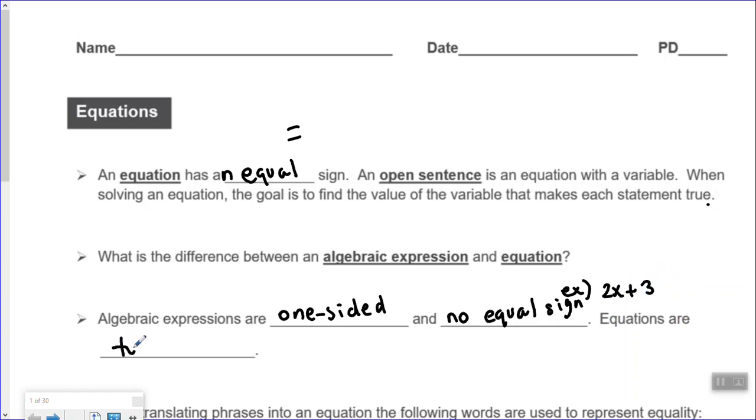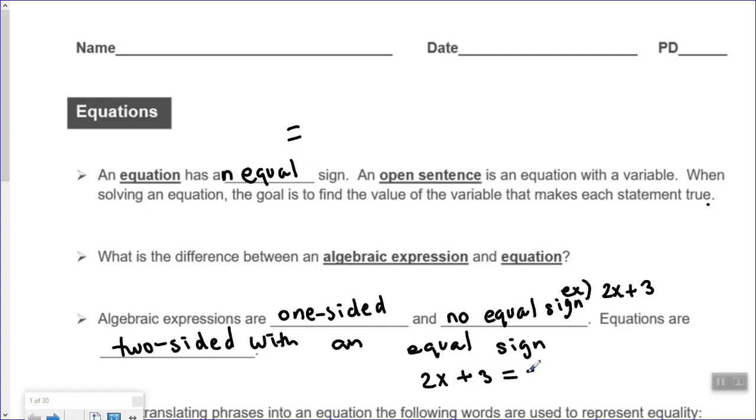Equations are two-sided with an equal sign. So if, for example, you have 2x plus 3 equals 5, this is an example. You have a left side, a right side, and there is an equal sign.